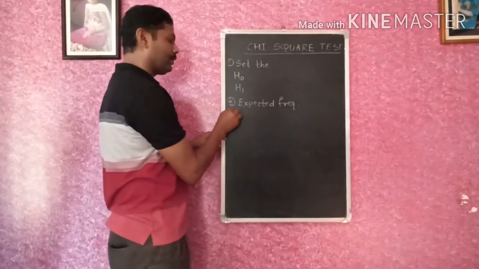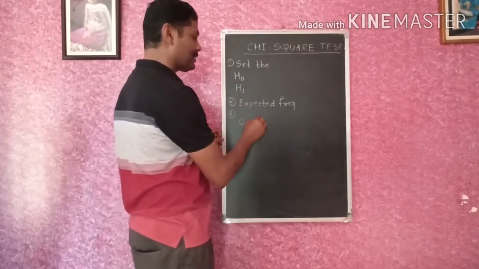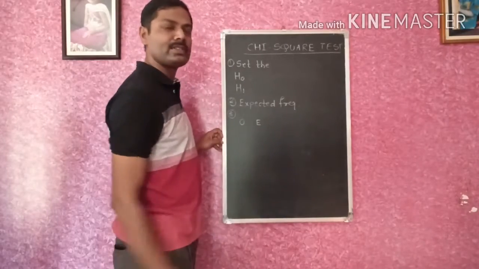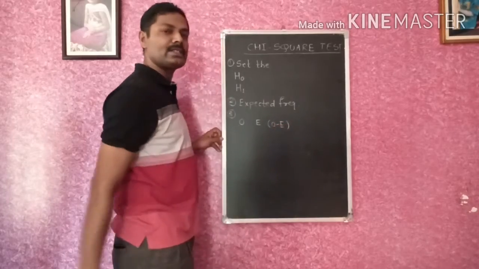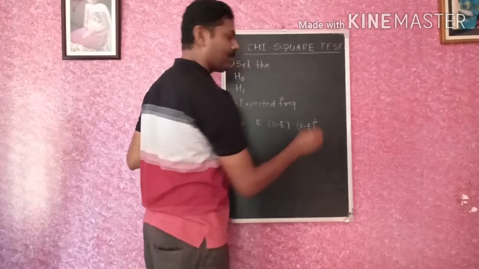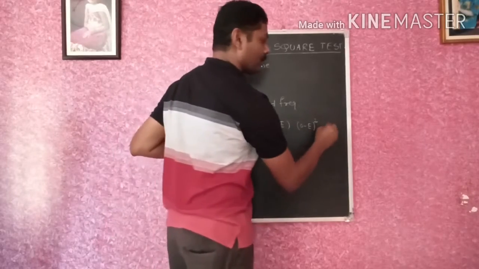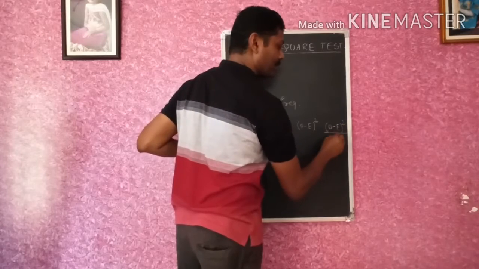Then prepare a table with observed frequencies, expected frequencies, the difference between these two frequencies O minus E, the square of the difference (O minus E) squared, and the square of the difference divided by expected frequencies.